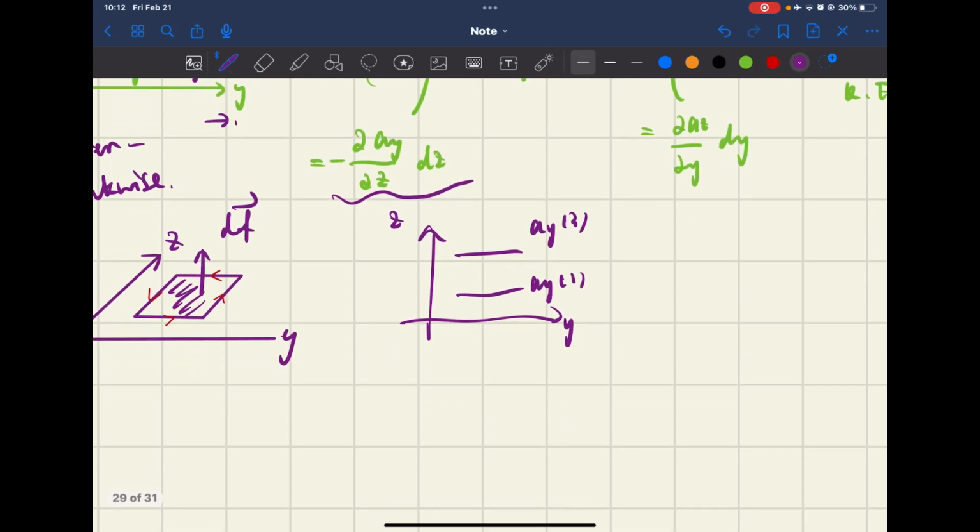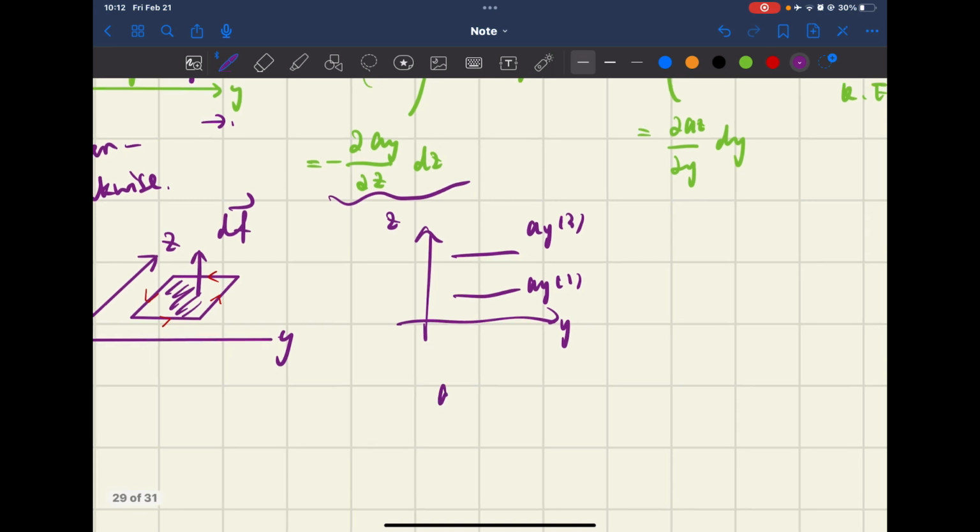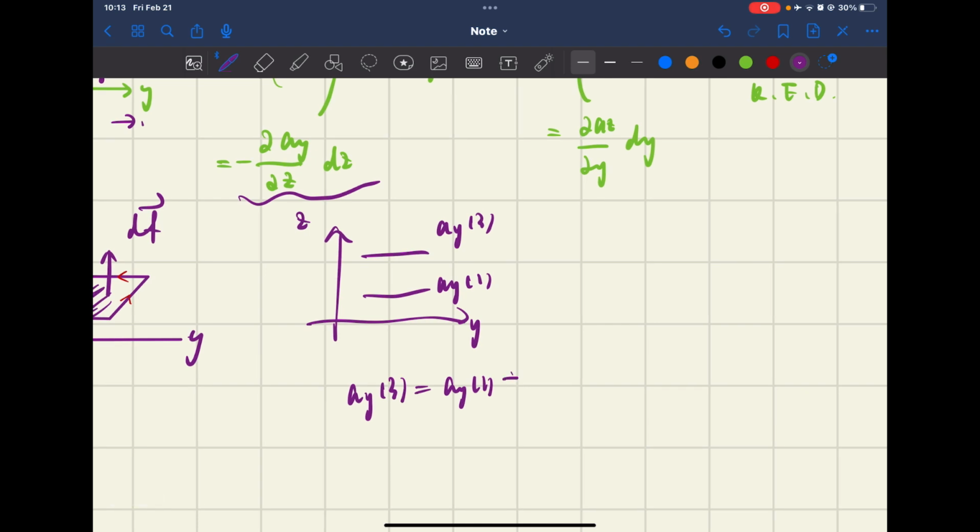So we need to calculate the difference between these. We can break down Ay3 into Ay1 first, and then take the derivative of Ay over the z-axis, and times it by another dz. We can write Ay3 as this.